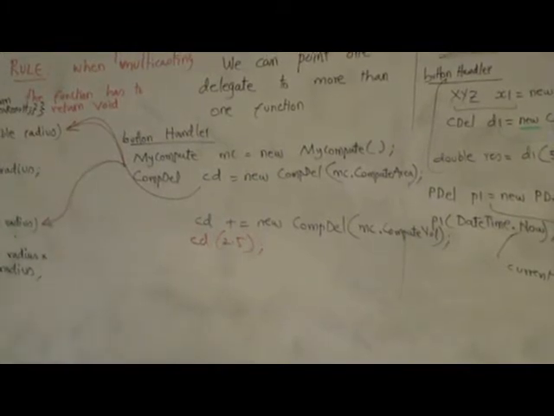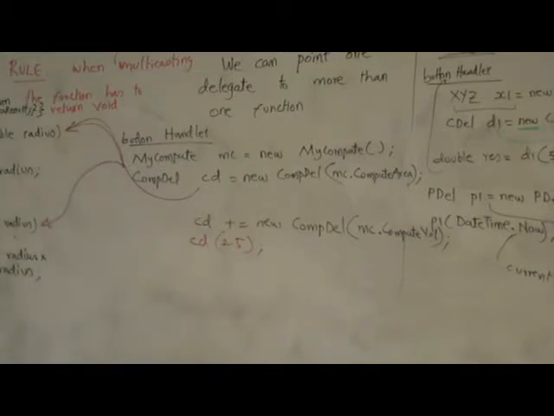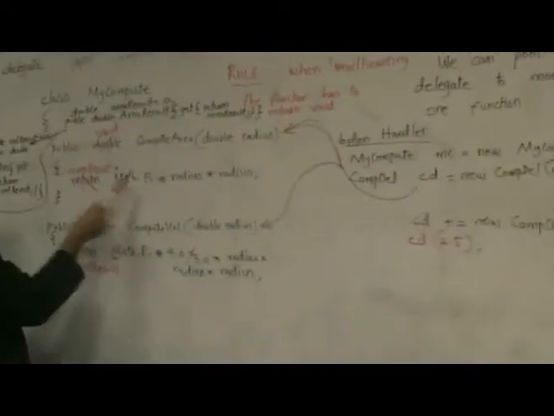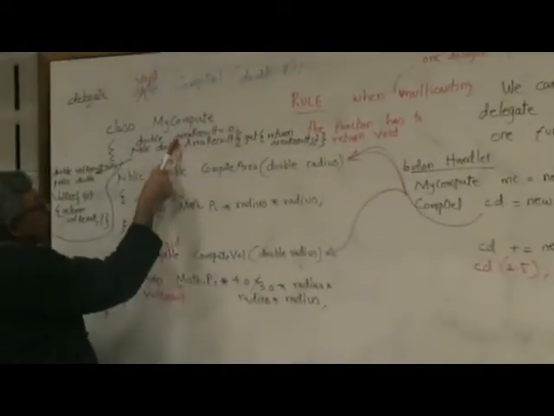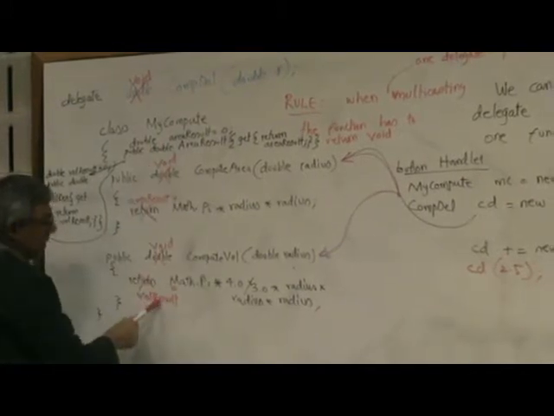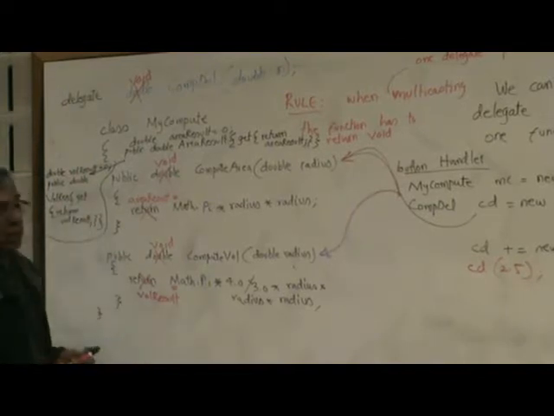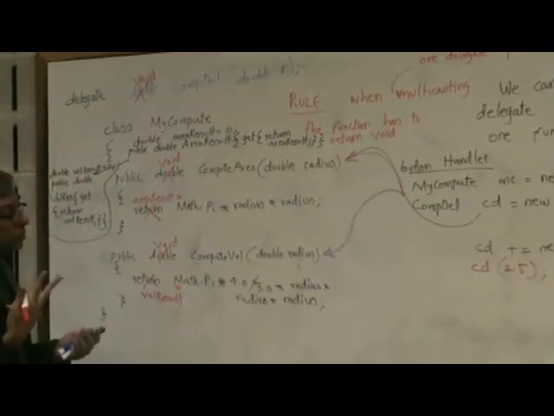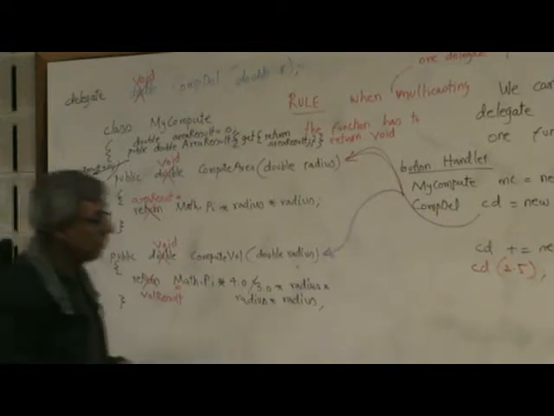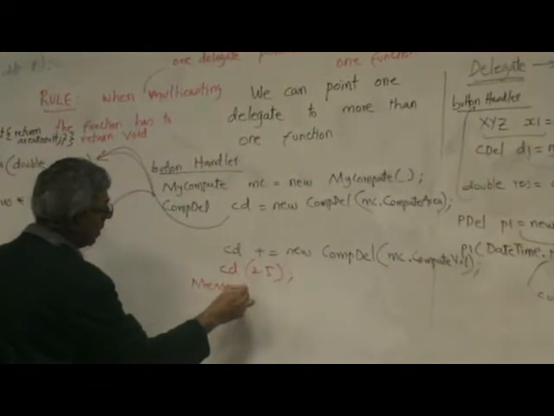Correct? So how many functions will it call now as soon as we execute this? 2, because it's pointing to 2, right? So each one of them will compute and store the result. This will store the result in area result, this will store the result in volume result, correct? Vol result. So if we wanted to know the two different results, what do we have to do? We can simply say message box.show.